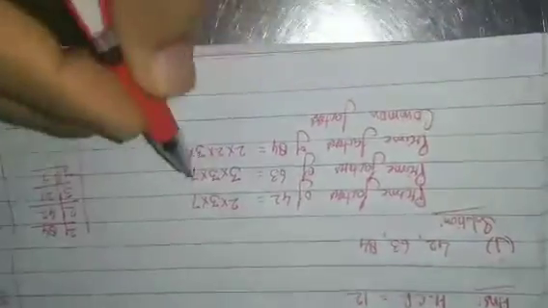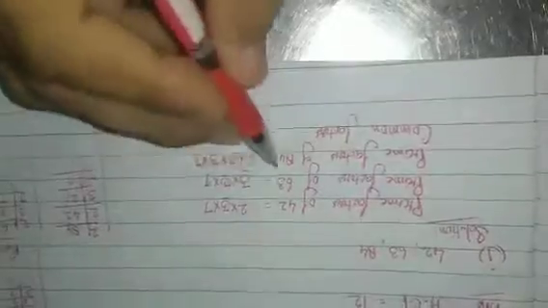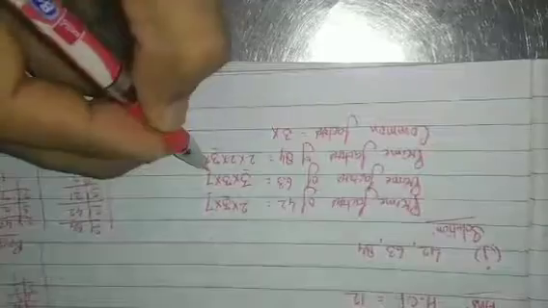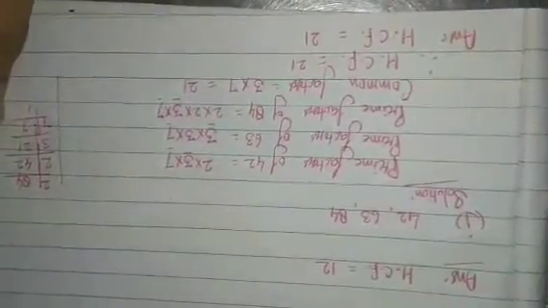Okay, so now you will find the common factors. 3 has come in all the numbers as a prime factor, so 3 into 7, which has also come once, is equal to 21. Therefore HCF is equal to 21. So you will write the answer: HCF, highest common factor, is equal to 21. Clear, students? If you have any doubt, then you can ask the query.